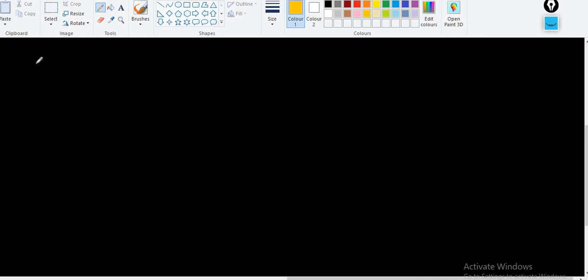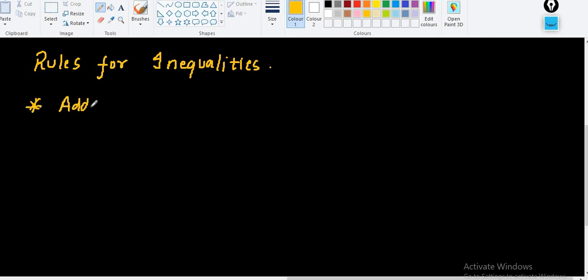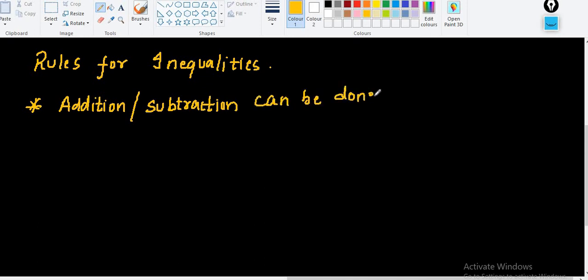Moving ahead, we have rules for inequalities. First rule says addition and subtraction can be done without changing the sign of inequality.